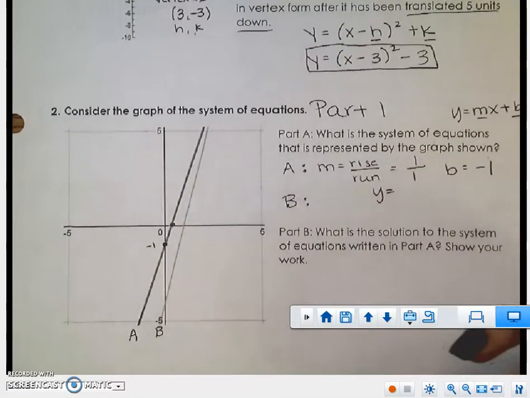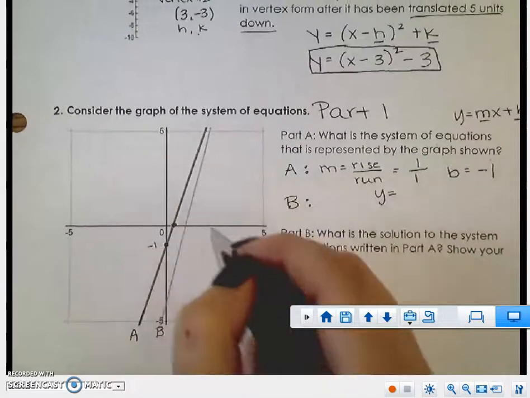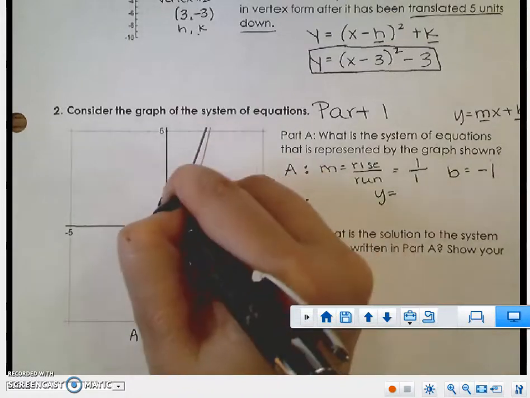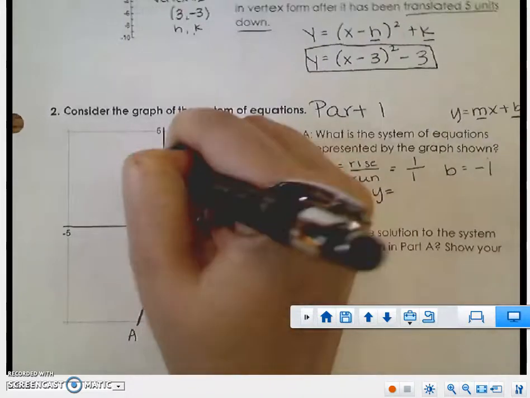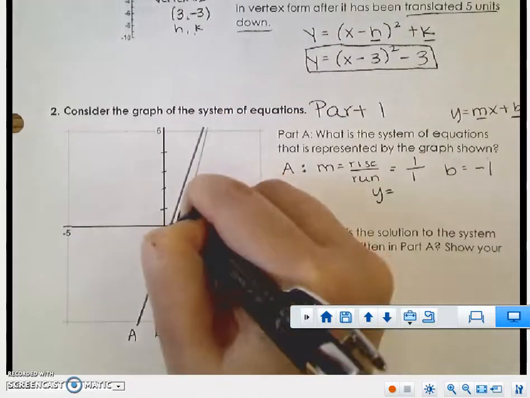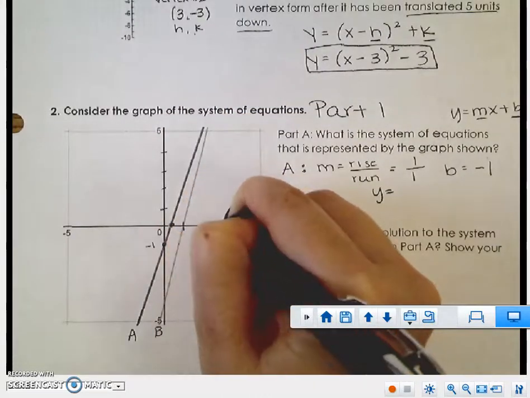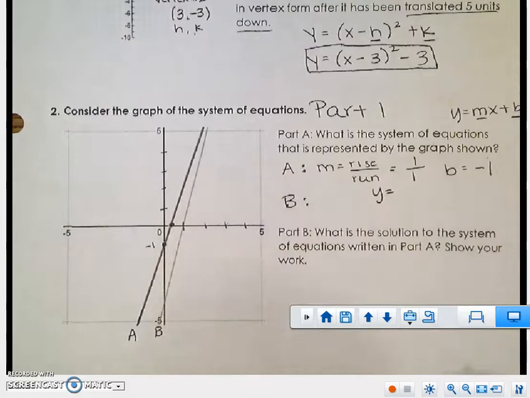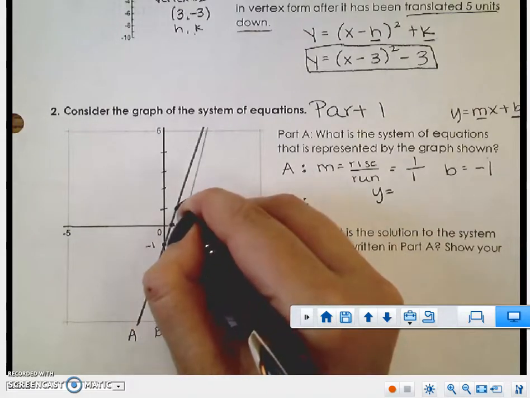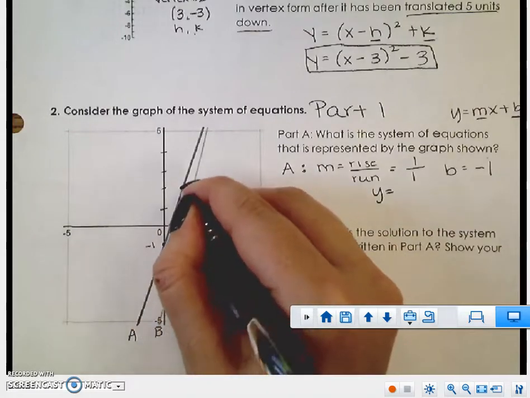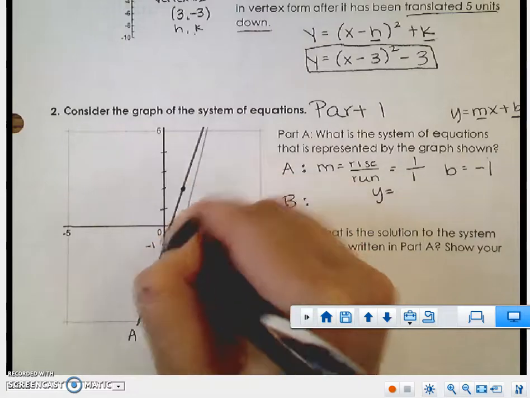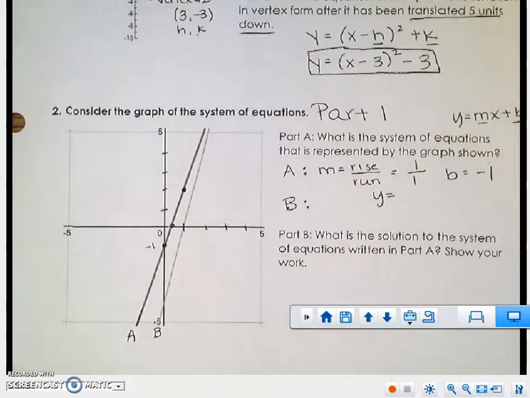Y equals, and now that I look at this, let's see, this would be 1, 2, 3, 4, 5, 1, 2, 3, 4, 5. Let's use these 2 points instead.